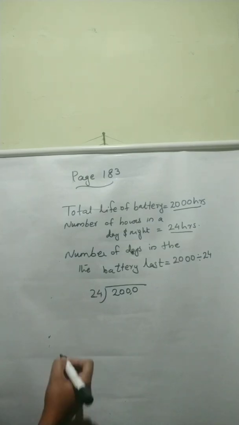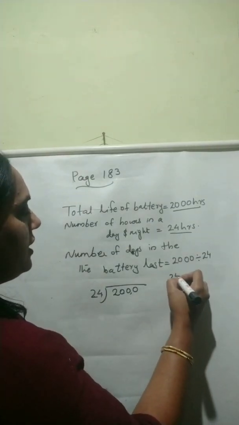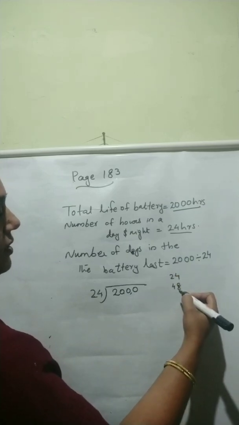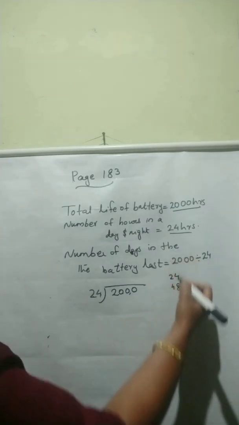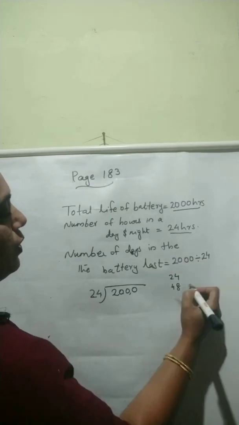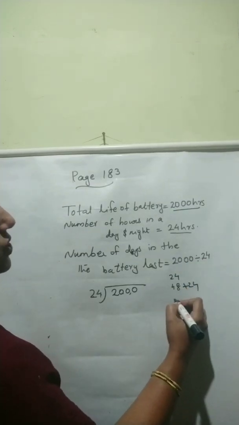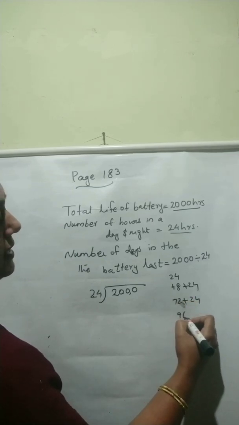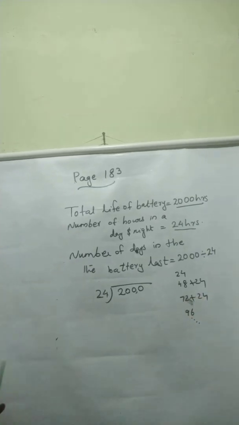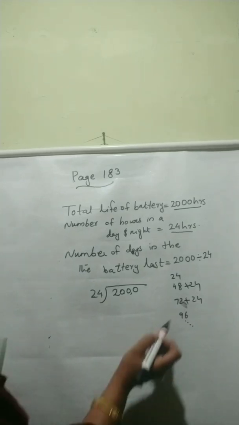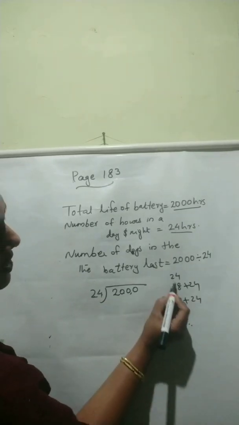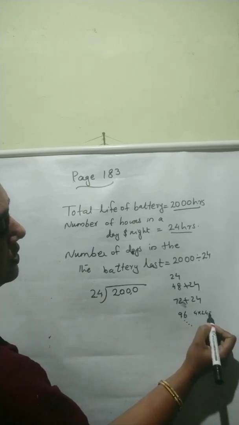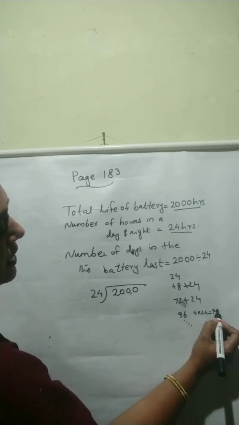We know 24, next 24 plus 24 is 48. Then we add 24 again, we get 72. Then 72 plus 24 is 96, and so on. So we can write it here as 96. 1, 2, 3, 4: 4 times 24 is equal to 96.